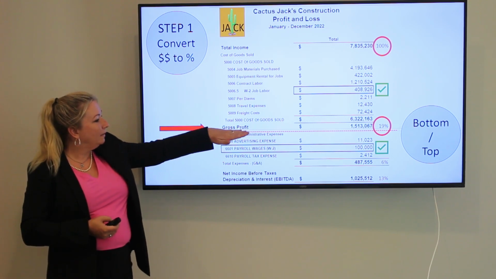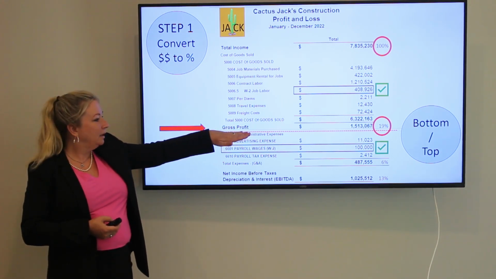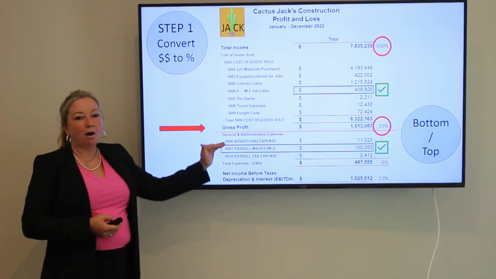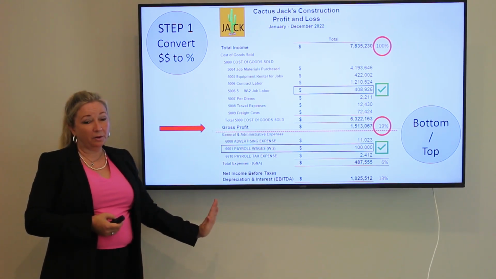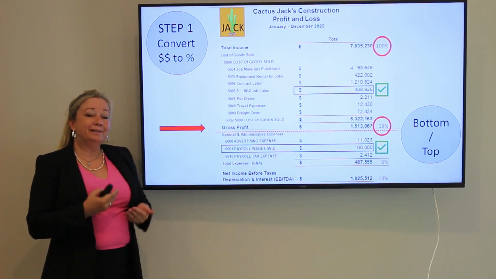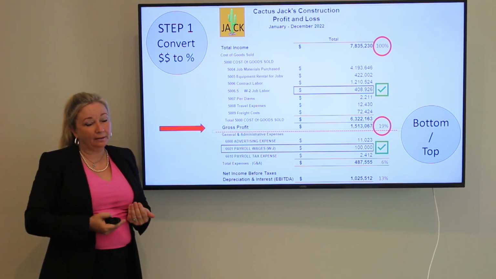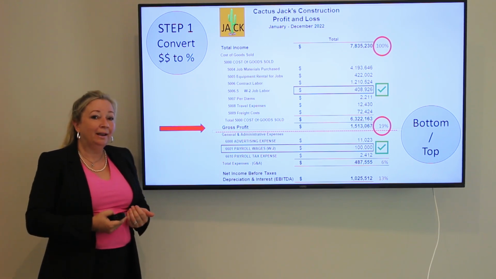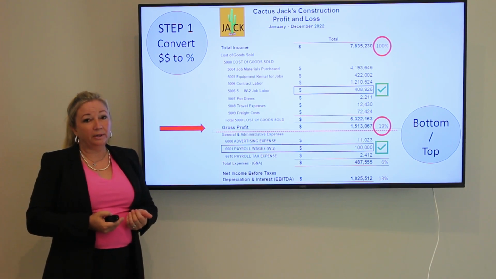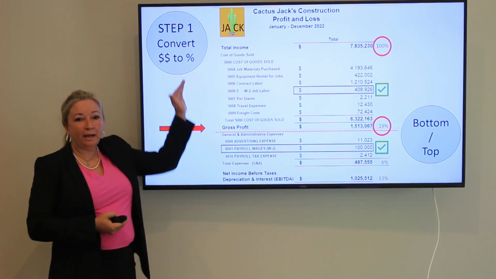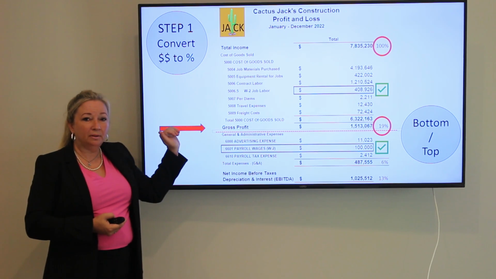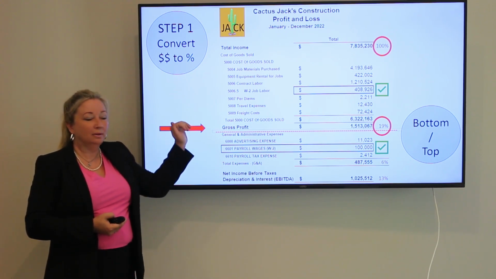Because once you get this number up, that will help you take care of all of these other expenses below the line that are more static or more fixed or more constant and not variable directly with sales and sales jobs and the performance of jobs.